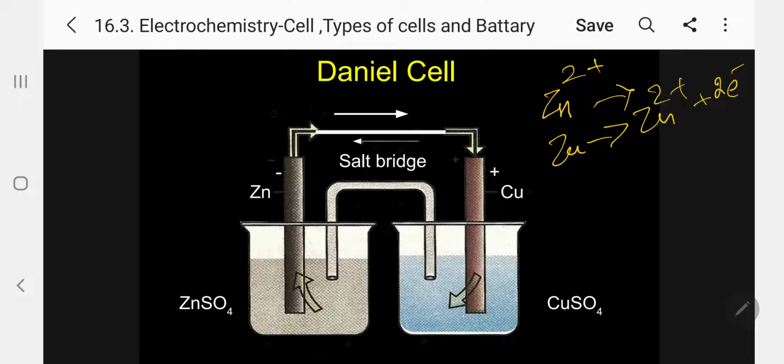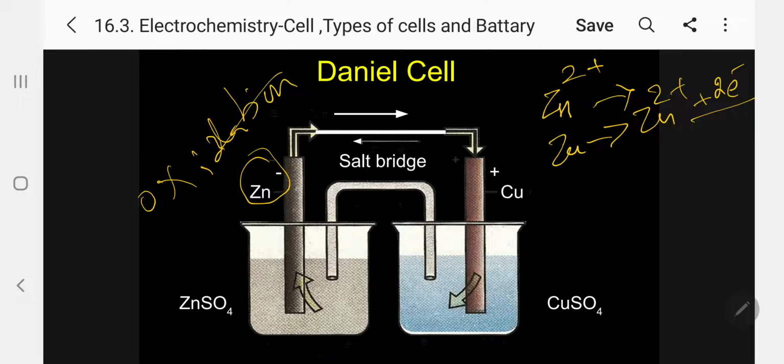That means oxidation takes place here. Oxidation, removal of electrons, is called oxidation. So oxidation takes place at the zinc electrode. This is called the negative electrode. Why? Electrons are present in the zinc rod. The copper ions present in the solution accept these two electrons, so copper will be deposited.